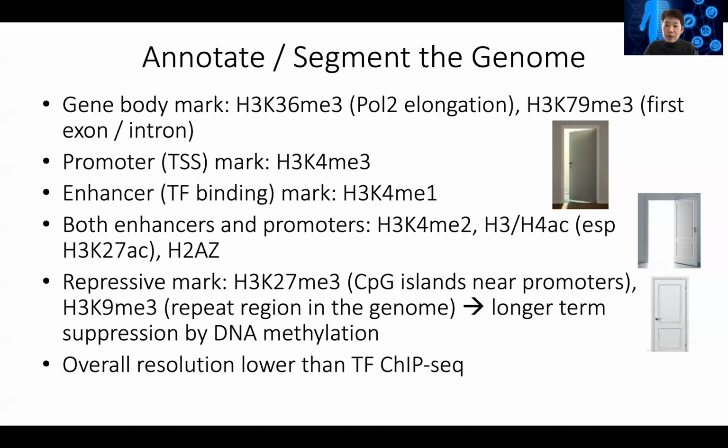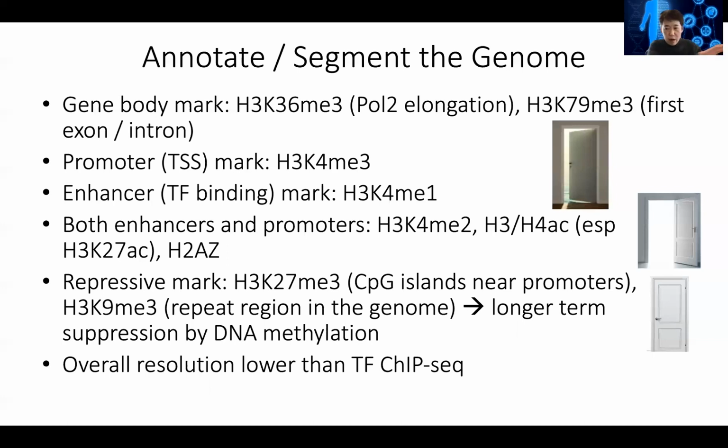But as polymerase goes, polymerase recruits the methyltransferase that adds the K36 trimethylation. So initially, without guidance, PO2 probably goes quite slowly because it has to decide how fast to go, and there's no guidance.